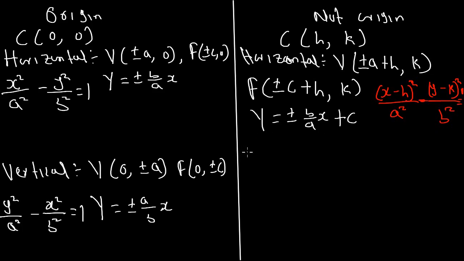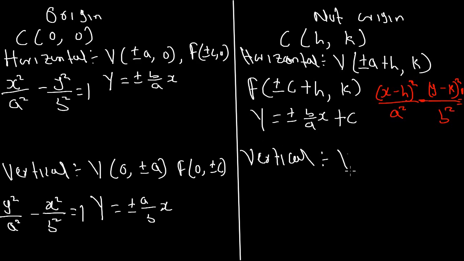Now, not at the origin, but vertical. Pay attention. At the origin, but vertical, the coordinate is 0, plus or minus a. All we need is to add the corresponding coordinate of the center.